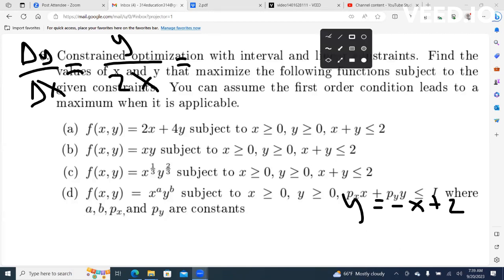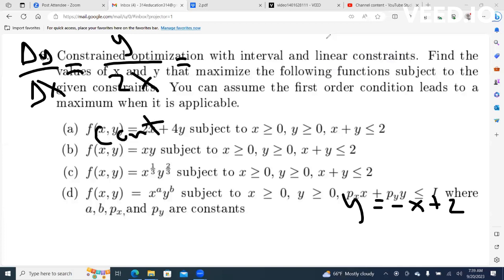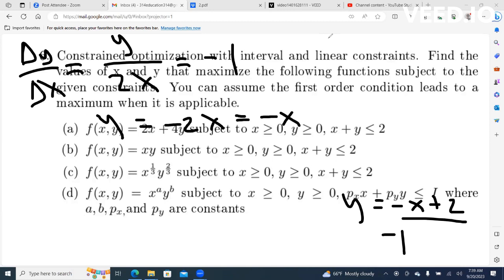Slope of contour line is the slope of the contour line, and -1 is just the slope of our constraint line. So this has to equal -1. That's kind of the link.